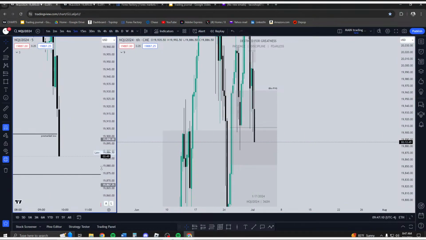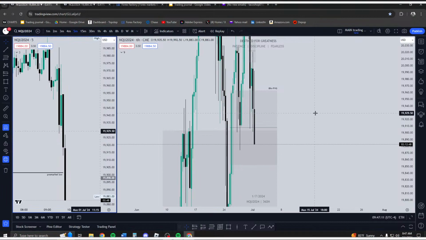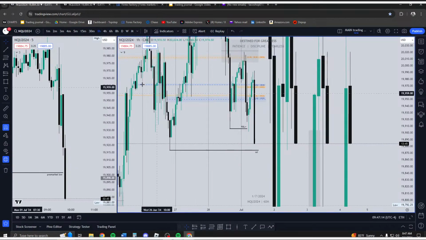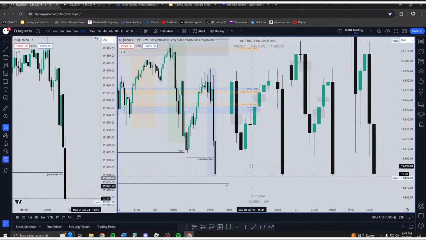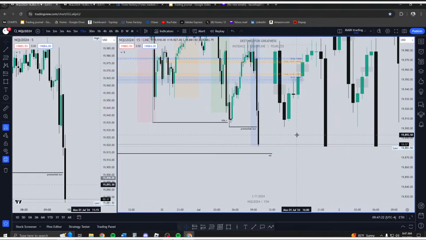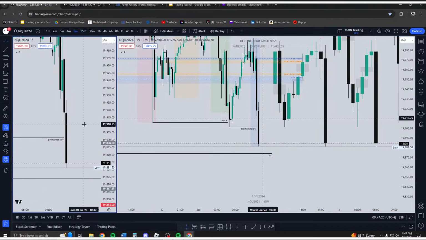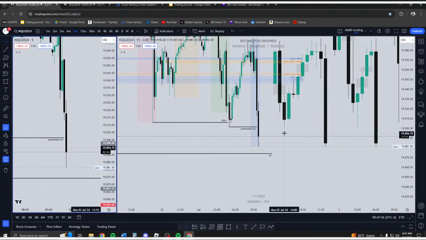So this sell side level that I marked out just now will be the new draw. Let's see if we are given even an opportunity for that.